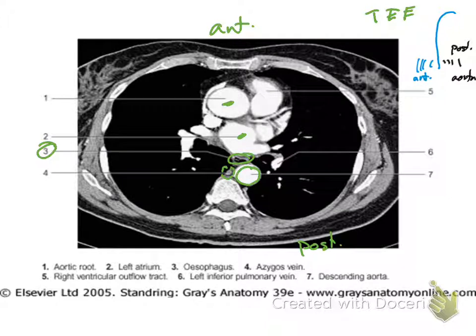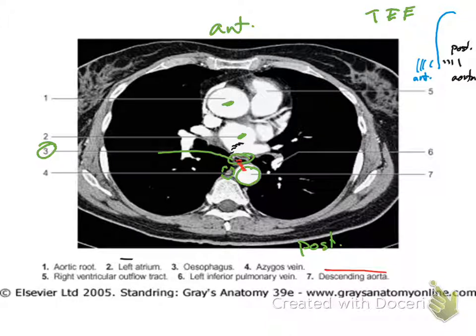If I enter the device through your esophagus, I enter the probe here. If I look anteriorly, I'm seeing your left atrium, as we mentioned. But if I use the same device and rotate posteriorly, I'm going to see your descending aorta.